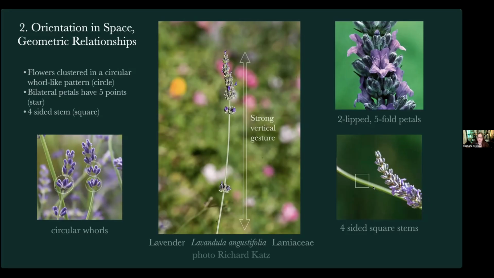And with the stem, it's part of the Lamiaceae family. So they have square stems. That's what's notable. And that's another shape we might see with the lavender. And of course, that tall, long, strong vertical gesture upright is in particular noticeable.